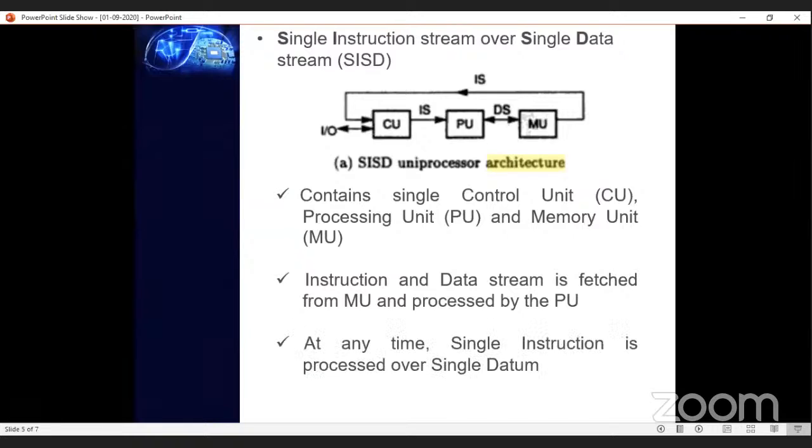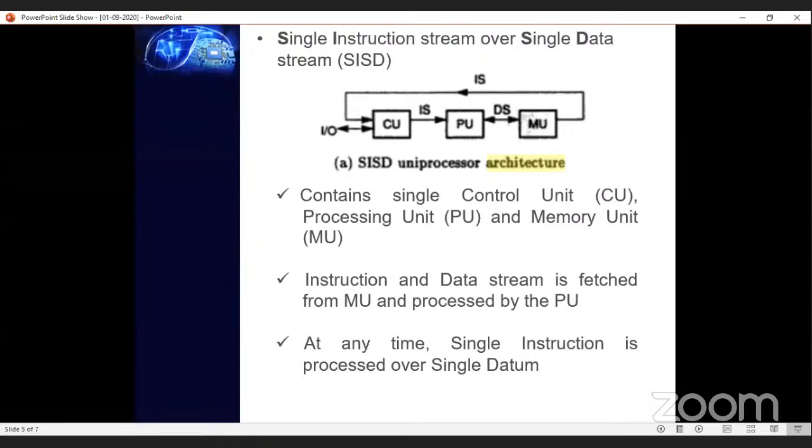So here the important point is this: at any time, a single instruction is processed over a single data. So here there is no parallelism. It's a sequential processing computer, a scalar computer. As in our last topic, evolution of computer architecture, this SISD is put in the scalar type.